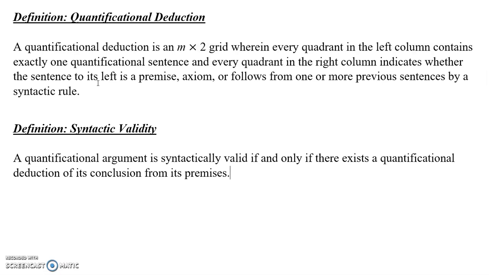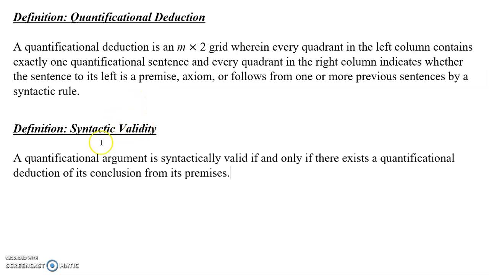So let's take a look at this. A quantificational deduction, and we'll see an example in just a second, is an m×2 grid where every quadrant in the left column contains exactly one quantificational sentence, and every quadrant in the right column indicates whether the sentence to its left is a premise, an axiom, or follows from one or more previous sentences by a syntactic rule. Again, I'll give you a concrete example of that in just a second, but it's just like what you remember from Chapter 3.